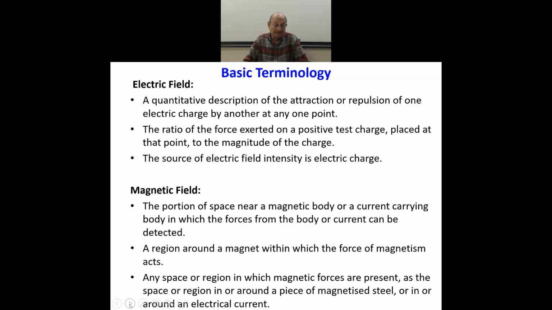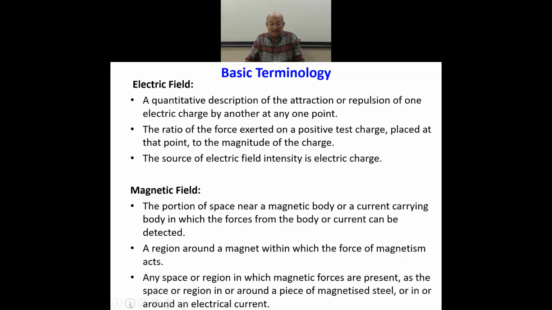Unlike the electric field, the magnetic field is the portion of space near a magnetic body or current carrying body in which the forces from the body or current can be detected.